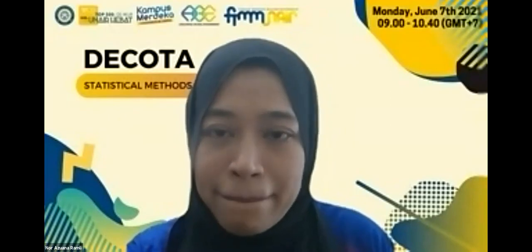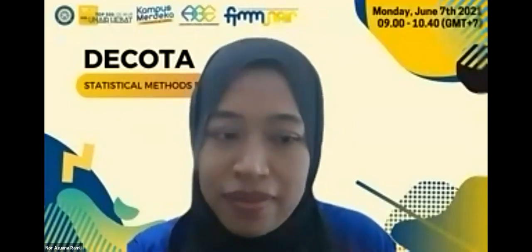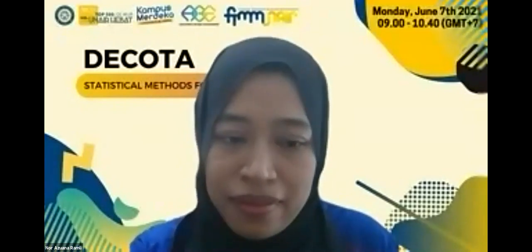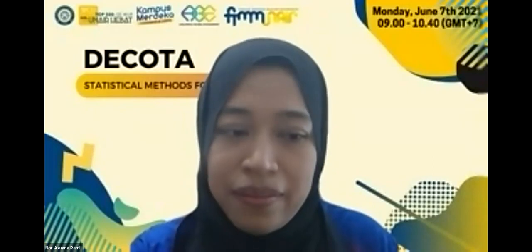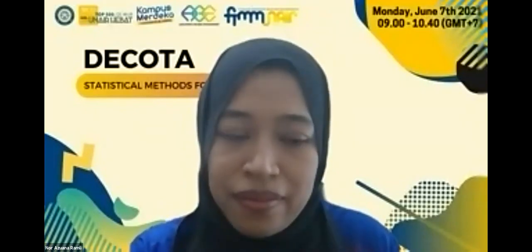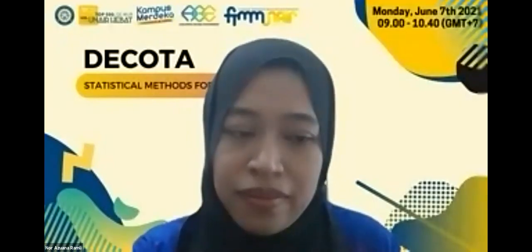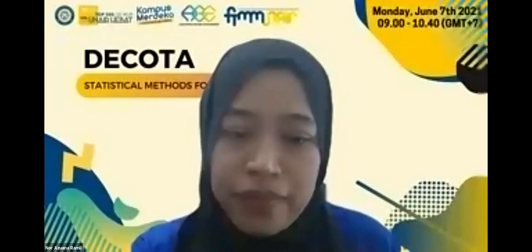Tadi dijelaskan di presentasi ada scatter plot dengan garis regresinya. Apa yang bisa kita simpulkan dari plot itu? Jadi kita bisa mengambil kesimpulan apa dari scatter plot, titik-titiknya dengan garisnya tadi.